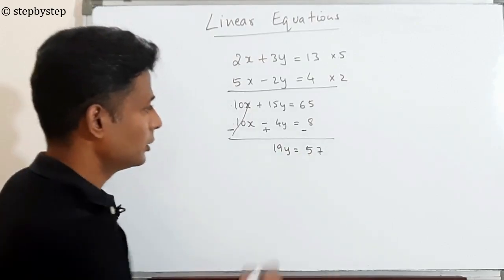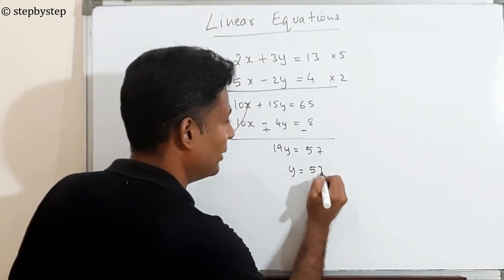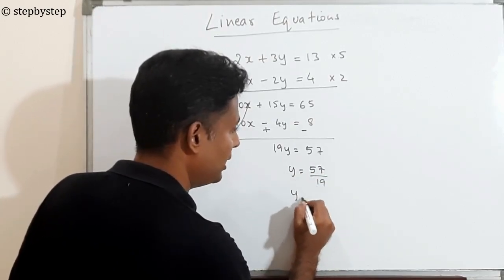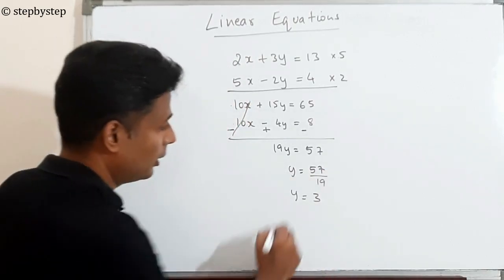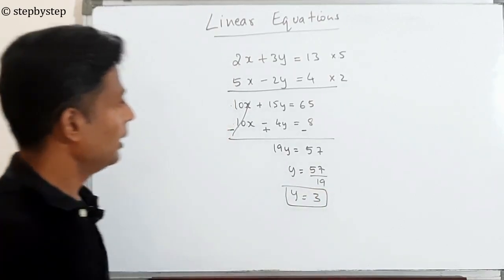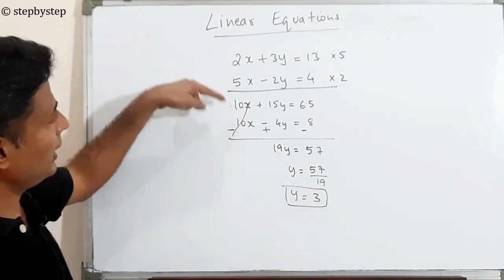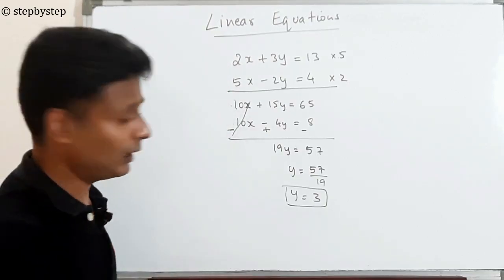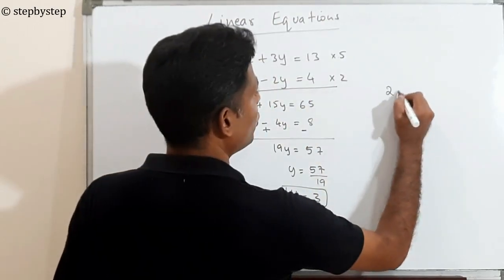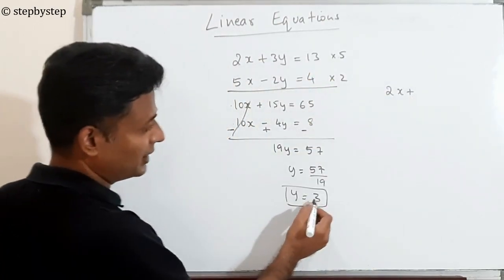57. So y equal to 57 by 19. So y equal to 3. 19 threes are 57. So I got the value of y. Now this value I can substitute in any of these and find the value of x. I'll substitute in the first equation. So I have 2x plus 3y. But how much is y? 3.